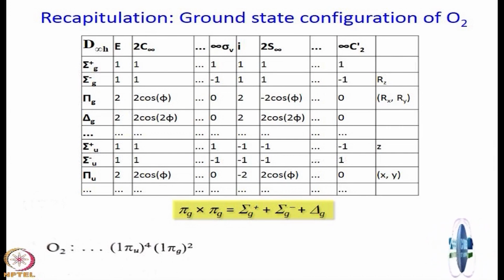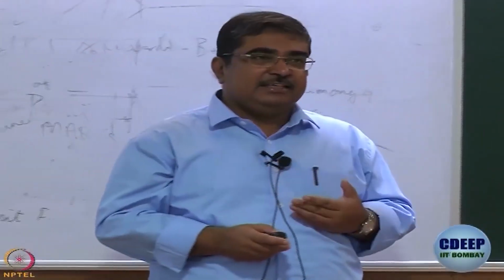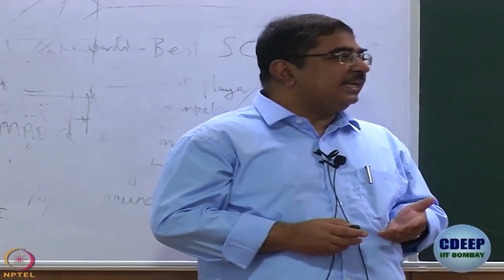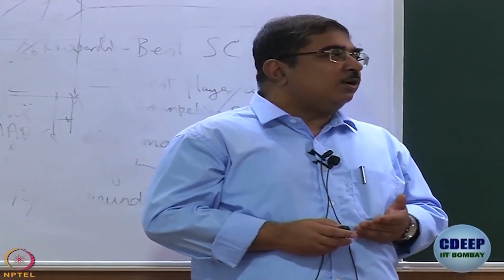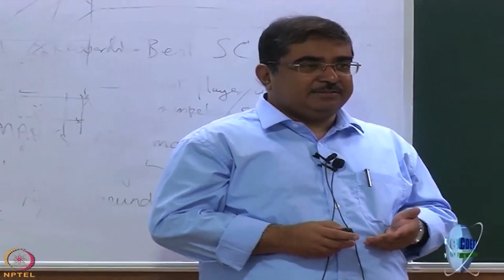And the other thing that we discussed is that you cannot just assign singlet and triplet to anything and everything here, because if you take singlet and triplet of all these, you get a total of 16 states, but then not all of these states are allowed by Pauli principle.